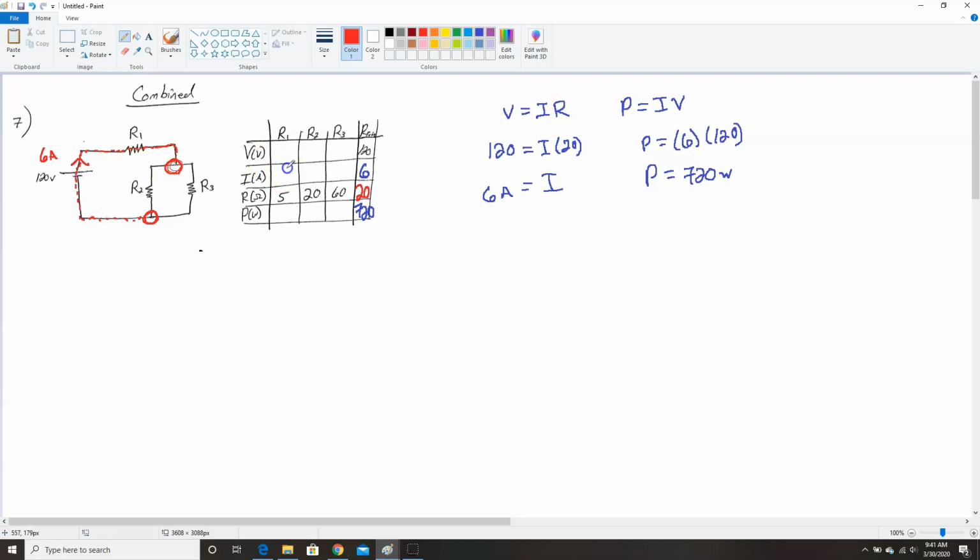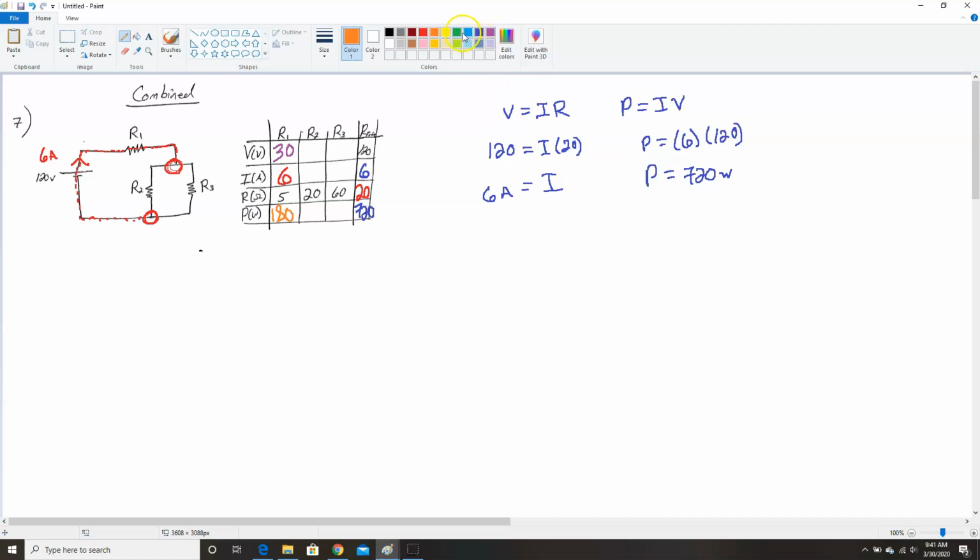So at the very least, I know that 6 amps goes through R1. Now that I know that, 6 times 5 is 30, so it consumes 30 volts. And 30 times 6 is 180, so it's 180 watts.